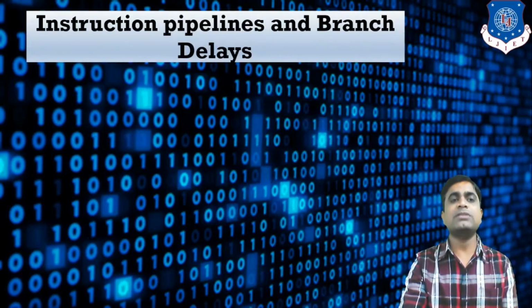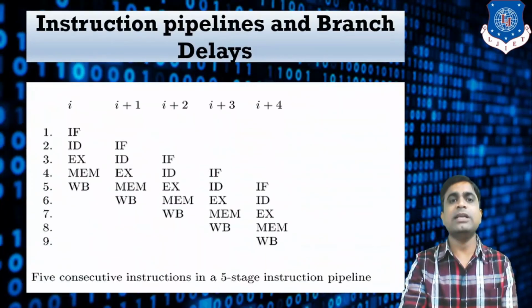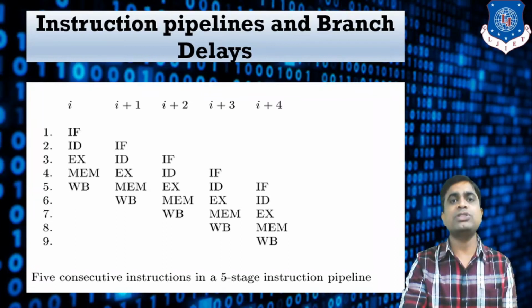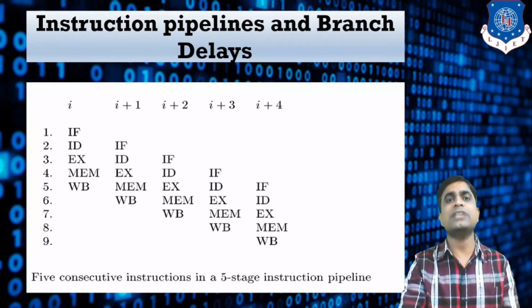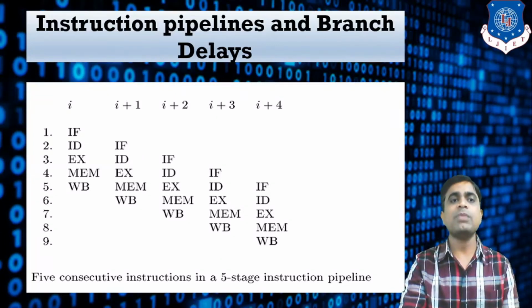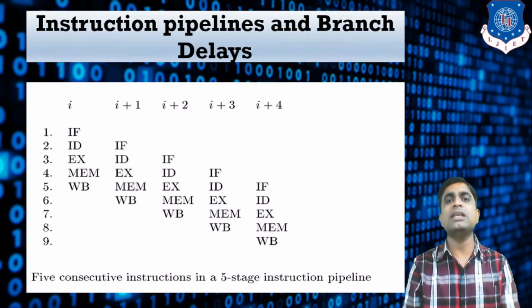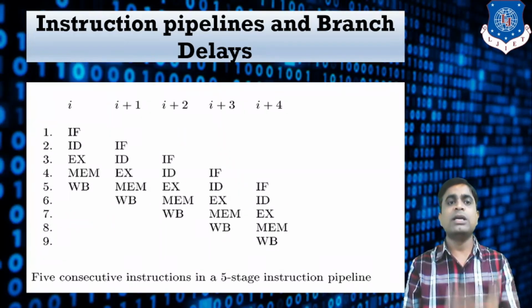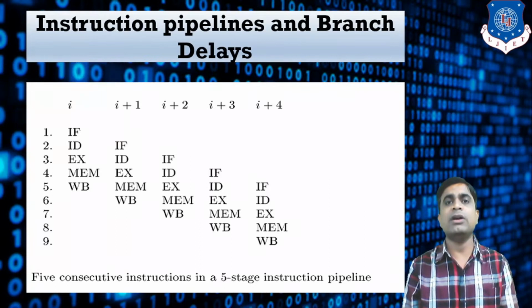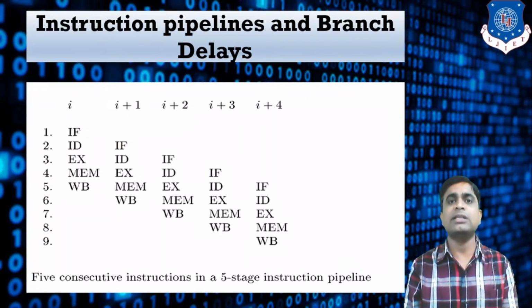Next is instruction pipeline and branch delay. In the figure, you can see how the instructions are executed step by step. In a single clock, first the instruction is fetched, then it is decoded, then executed, then it accesses the memory, and finally we write the result.